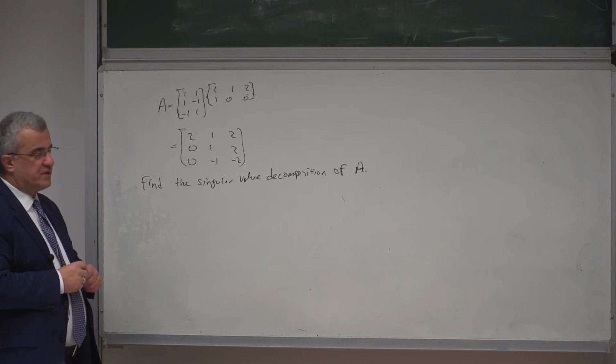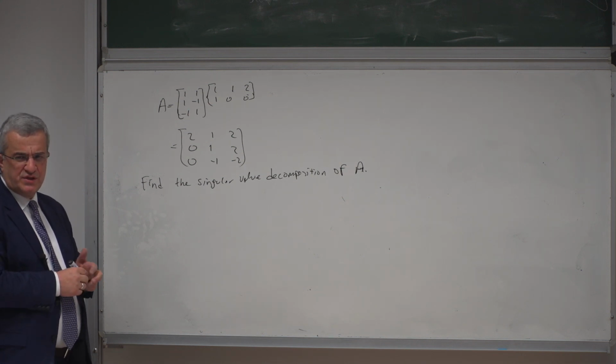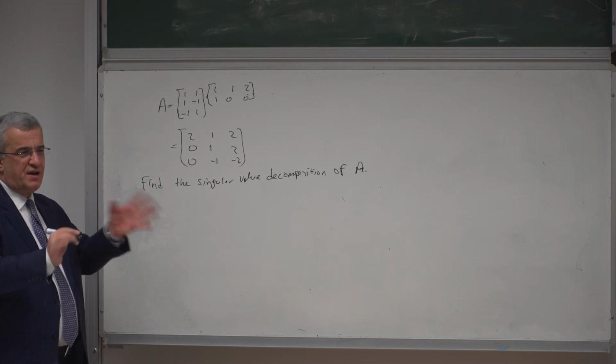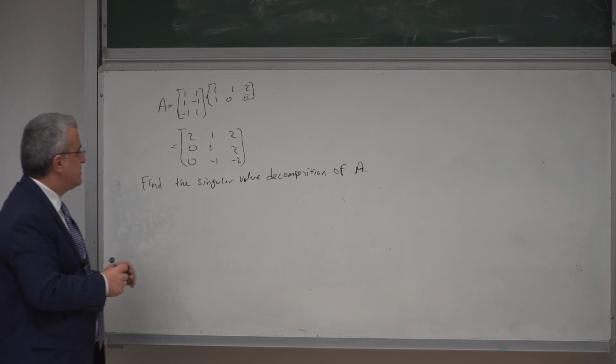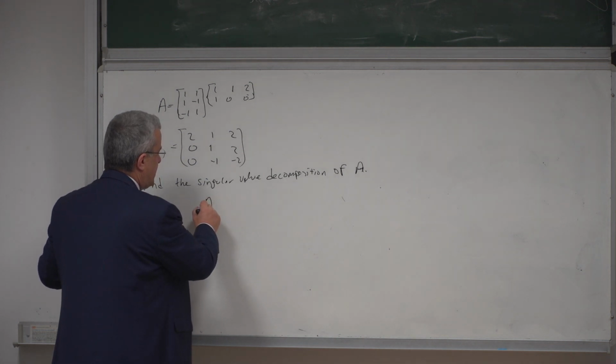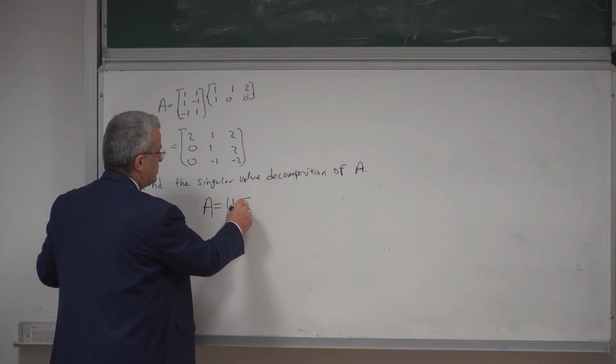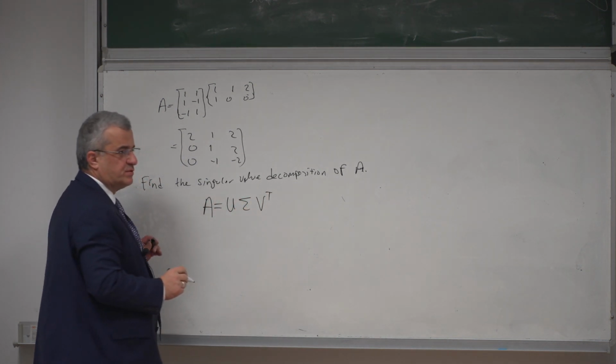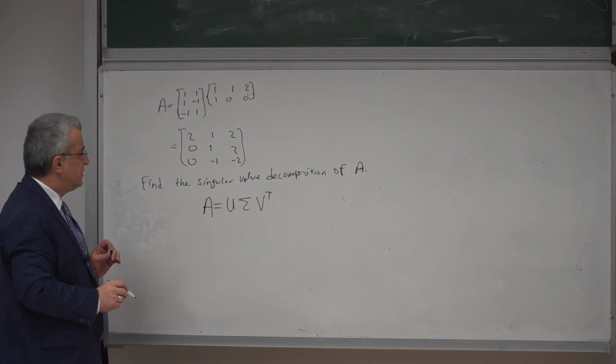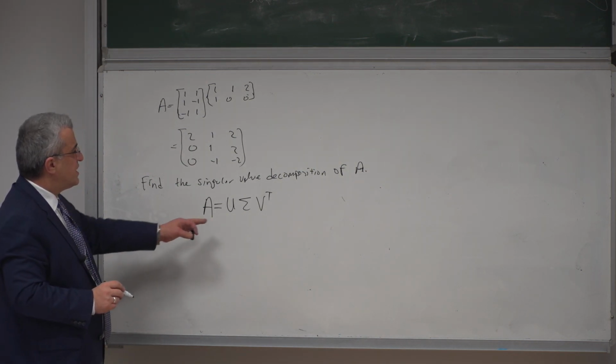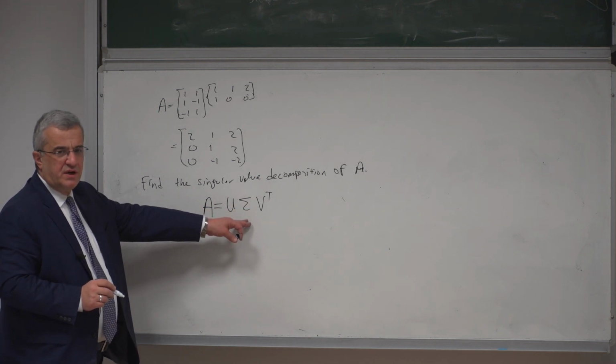Okay, how do I do that? So this is a symmetric matrix, so I don't have to worry about M and N and things like this. I am looking for A equal to U sigma V transpose, right? So to get U and V, I do certain things.